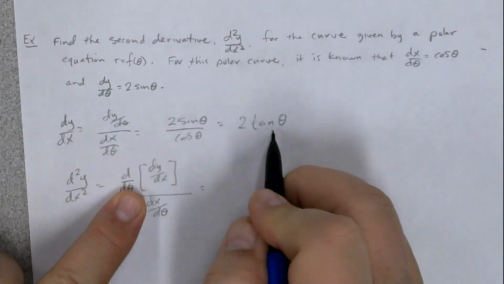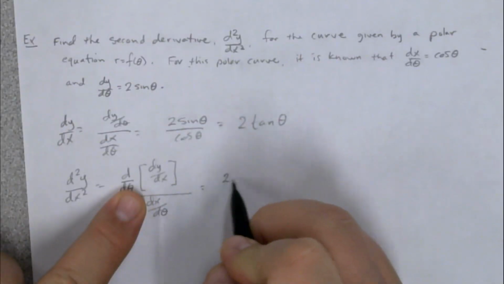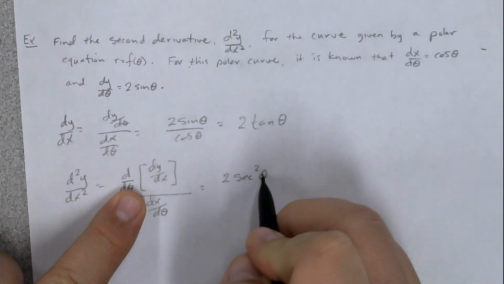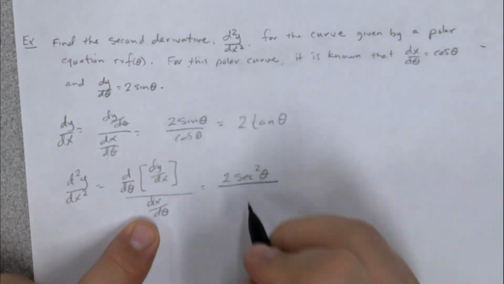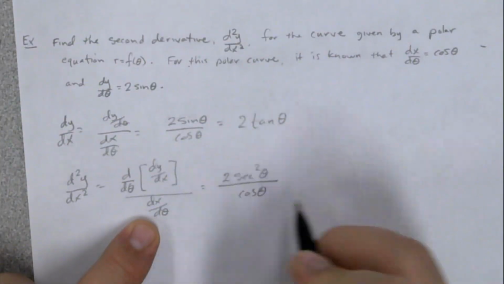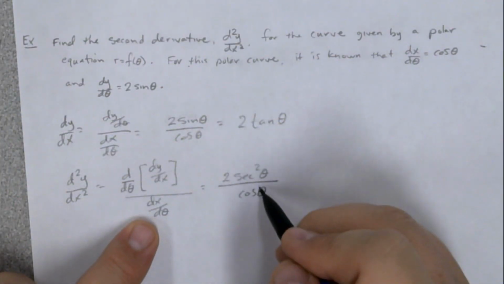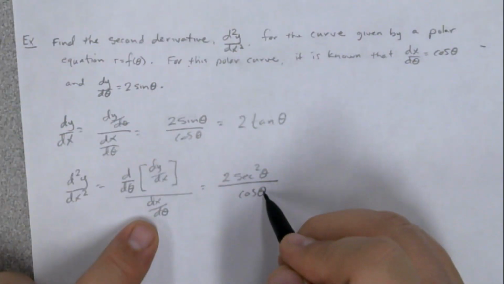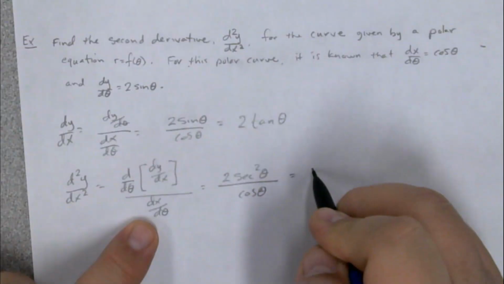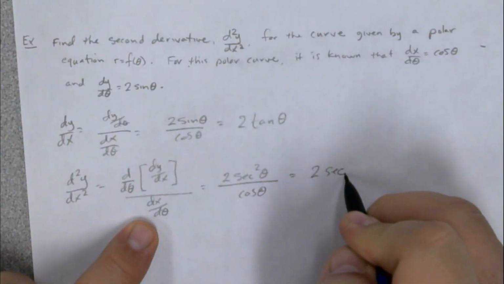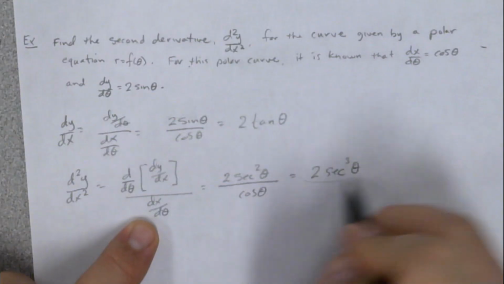The derivative of the tangent is the secant squared, so this is 2 secant squared of theta. dx/d theta is the cosine of theta. Clean this up because these are related to each other. Cosine is 1 over secant, which pops up on top as another secant, and gives me 2 times the secant cubed of theta. And there you go.